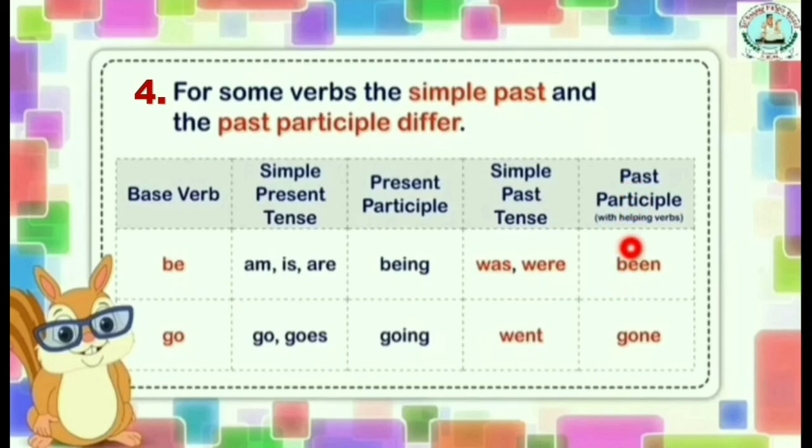This one along with the helping verb: has been, have been, had been. And next one, observe here, second one, base verb go, go, goes, going, went, gone, had gone, have gone, has gone.